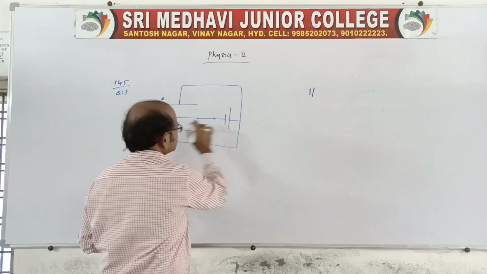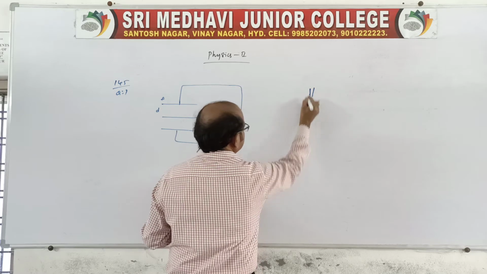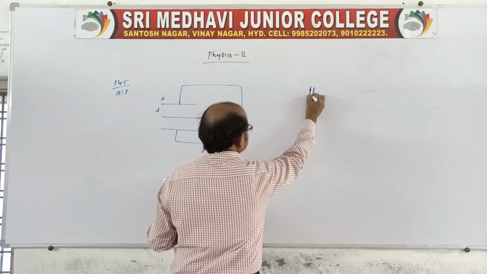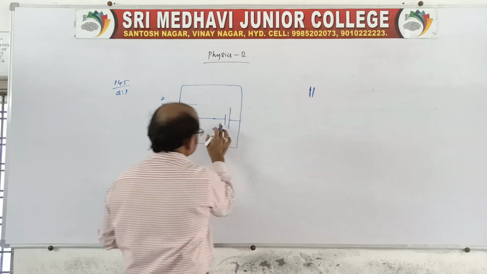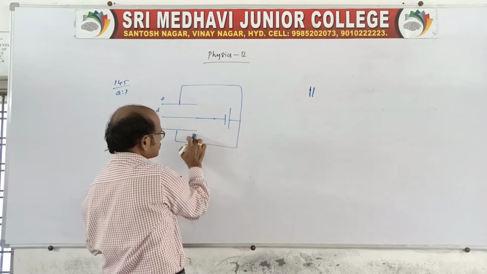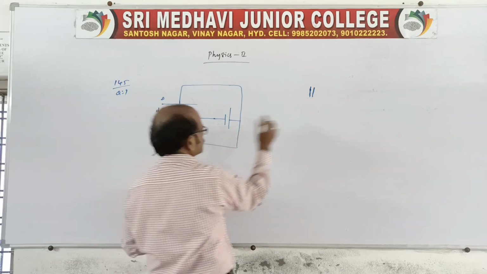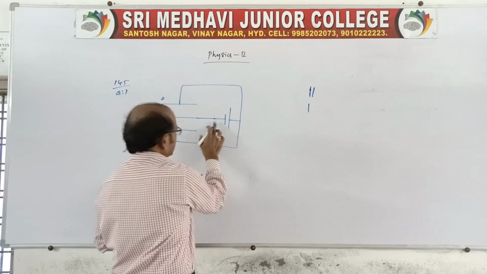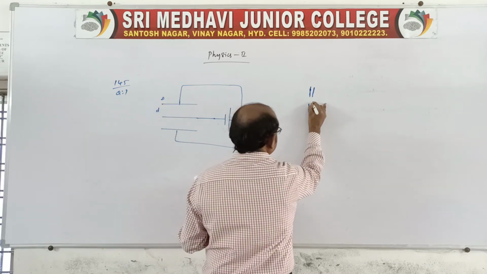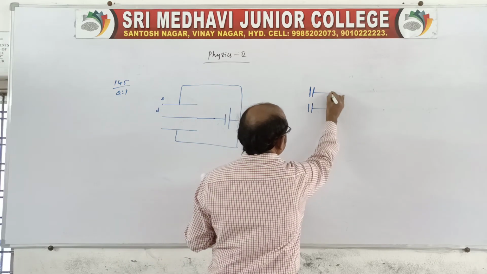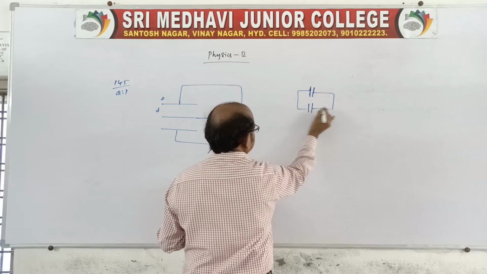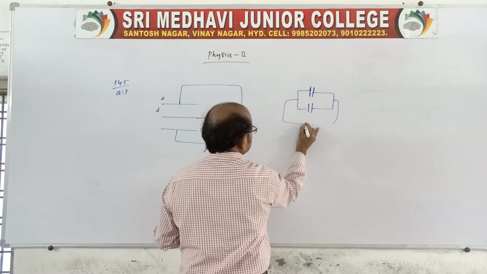Both will be connected to the opposite terminals of the battery, and one more plate is to be combined with this plate also. So you take another plate and connect it to the next plate like this, so that they are connected in parallel.